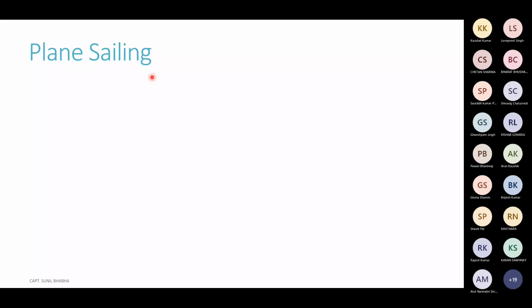How did they do that? They made a plane right-angled triangle involving the initial position and the final position, and solved it using trigonometric ratios. That's why this type of sailing was called plain sailing.